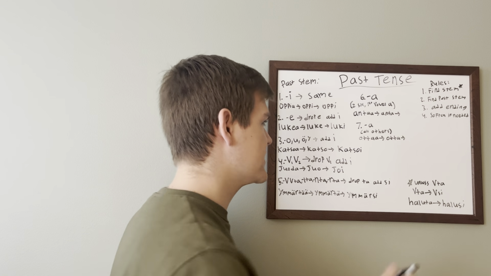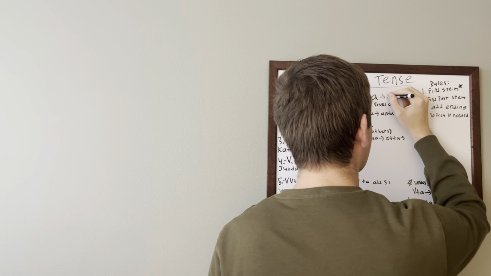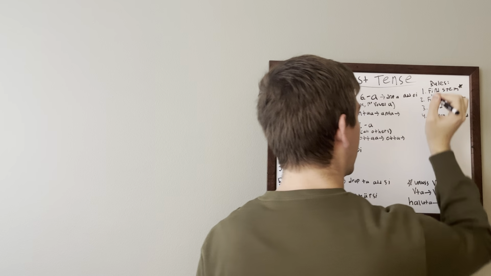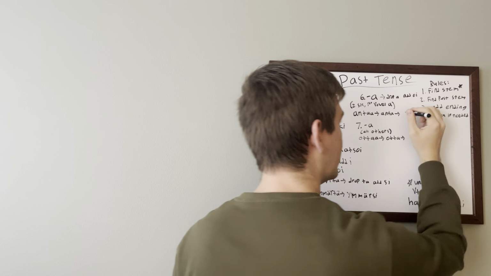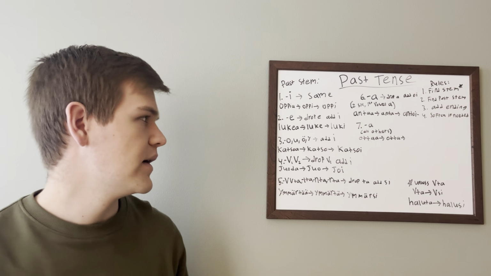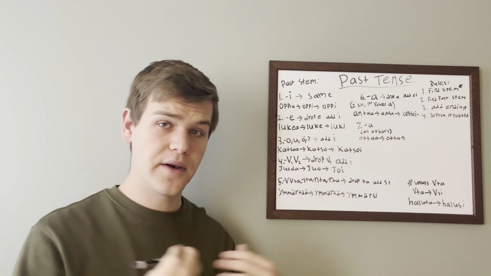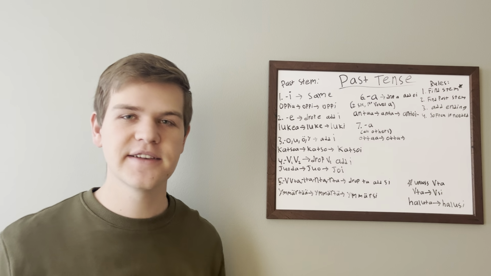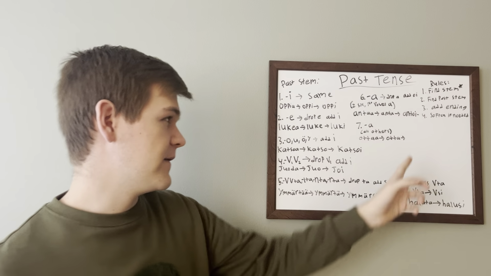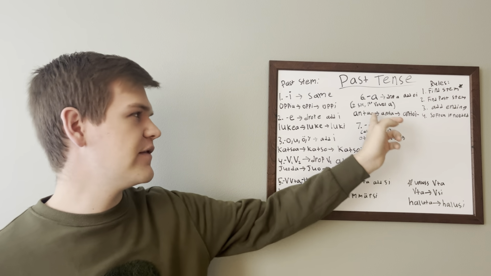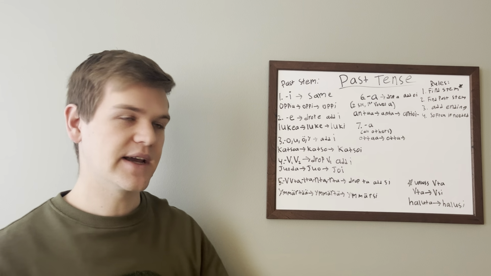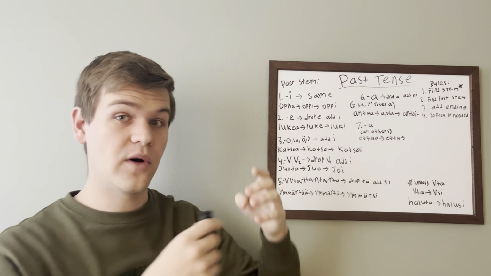Then what we're going to do with these ones is drop A and add OI. So like anta goes to antoi. So I can say minä annoin. NT softens to NN, so when I add the N, I'm going to get annoin. Minä annoin. Versus if I just want to say I give, which is anta is to give, I can say minä annan, which is I give, but I gave is minä annoin.